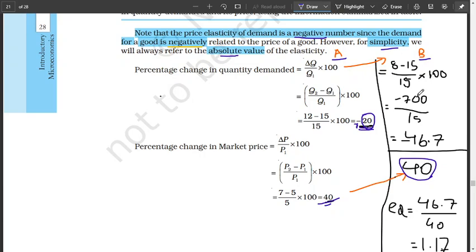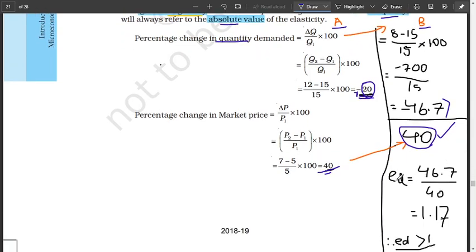So let's find out what is the percentage change in quantity. If you calculate, you'll find the answer comes to 46.7. 46.7 is greater than 40. So you understand, the percentage change in demand, 46.7, is greater than the percentage change in price, 40. So when you calculate the elasticity of demand, percentage change in quantity demanded, 46.7, by percentage change in price, you'll get 1.17.